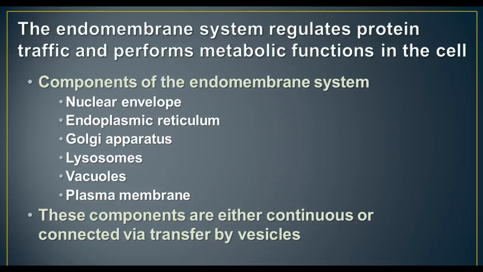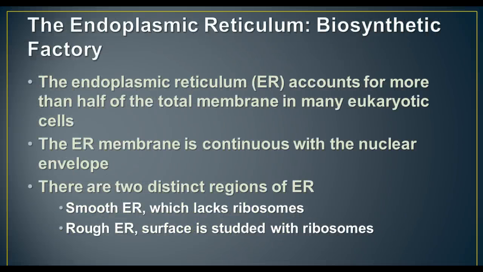These are either continuous or connected by transfer by vesicles, because some of them are connected to each other. The nuclear envelope and the rough ER and the smooth ER are connected, but they can also transport to other structures like the Golgi apparatus with vesicles that can pinch off of the ER and travel through the cytosol to the other organelles.